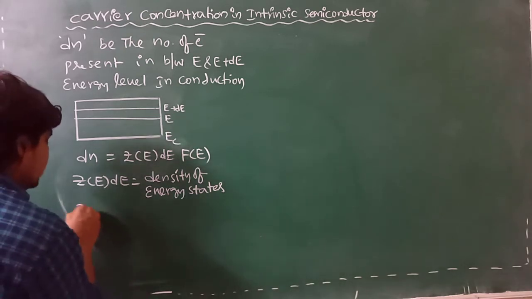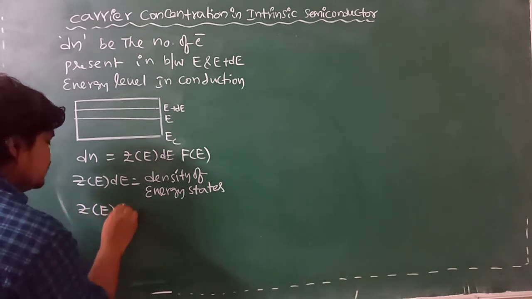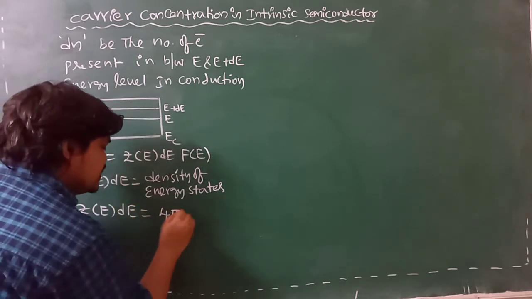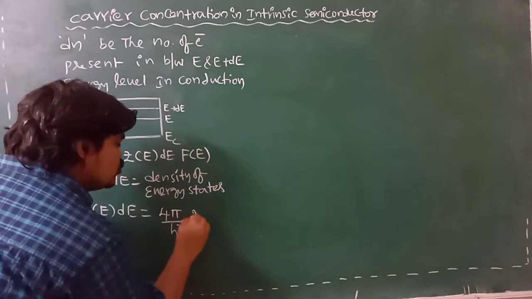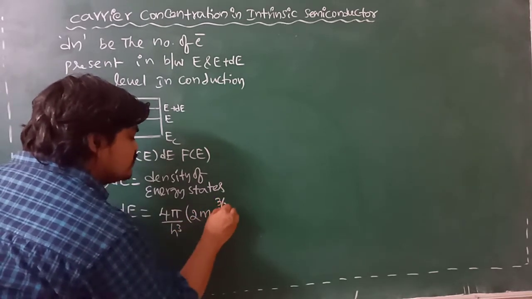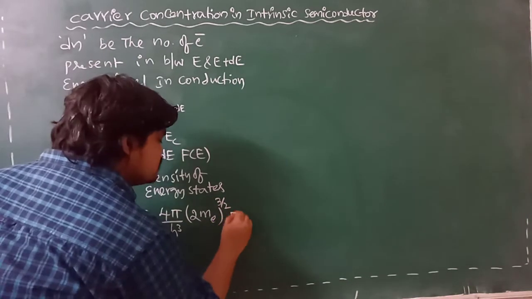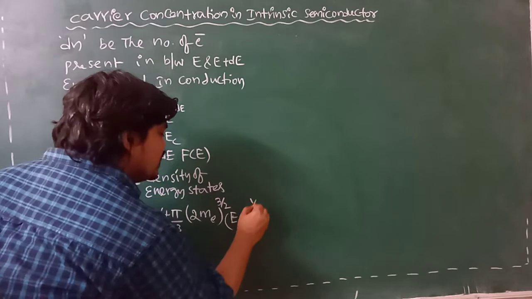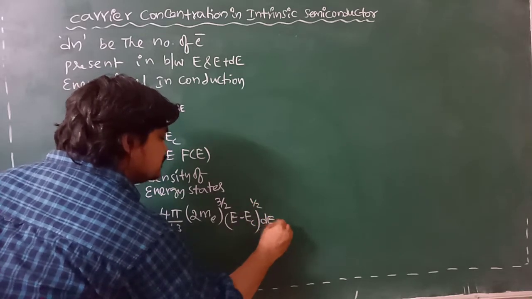Its value Z(E) dE is defined as 4 pi by h cube, into 2 m_e whole power 3 by 2, into E minus Ec whole power 1 by 2 dE, where m_e is the mass of the electron.